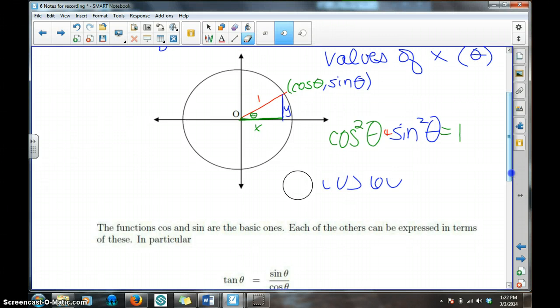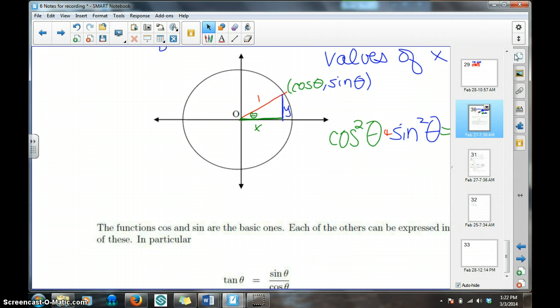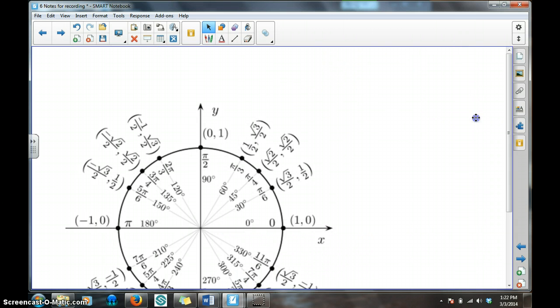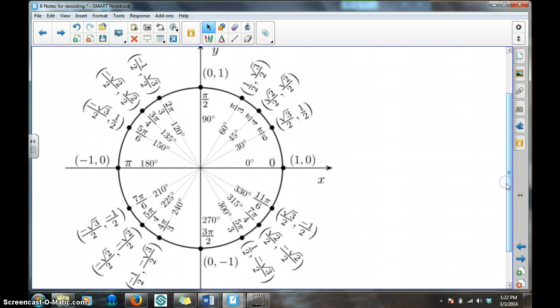Okay, so the easiest thing for me to do to show you how this plays out and that it really does actually work is to ask you to flip back in your notes to this page where we had the circle with all the values on it. Essentially this is a unit circle where I have identified just about every important or special angle in degrees.